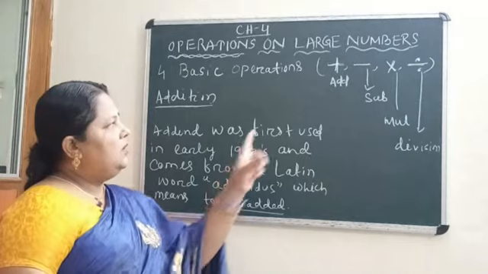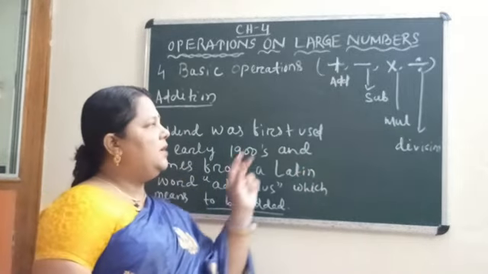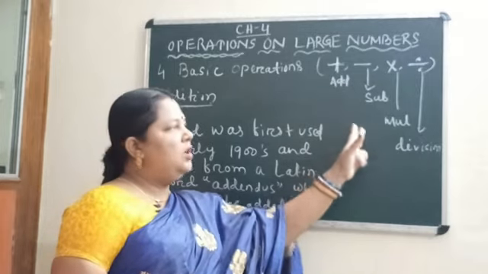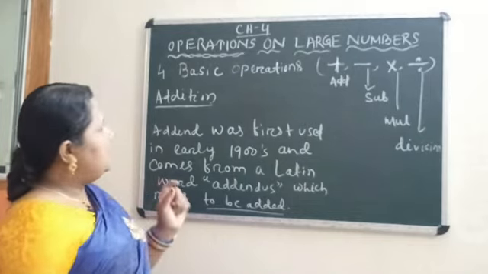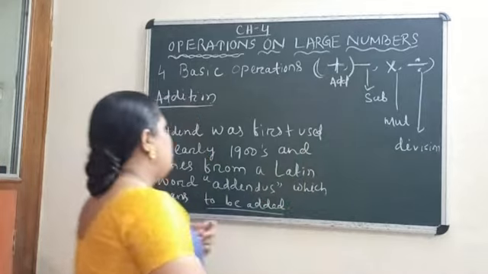Clear? So these 4 basic operations we are going to discuss because we are very familiar or very close to all these types of operation in our daily life. So today we will discuss the first operation, that is addition.